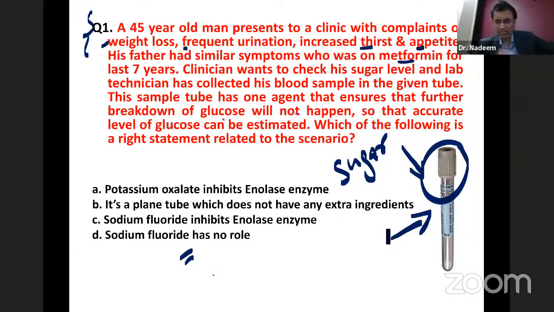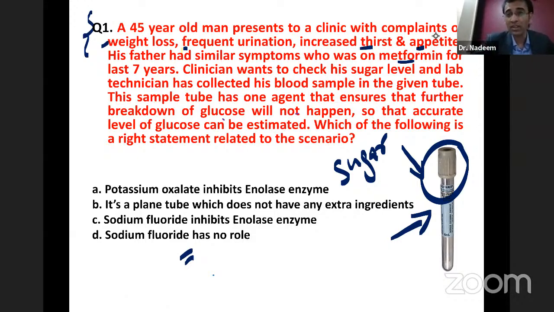Blood was taken from the patient, and the lab is very far from my clinic, at least half an hour far. So it is possible that after blood was taken out, there will be further metabolism of glucose, and after the metabolism, I may not get the accurate level of glucose.